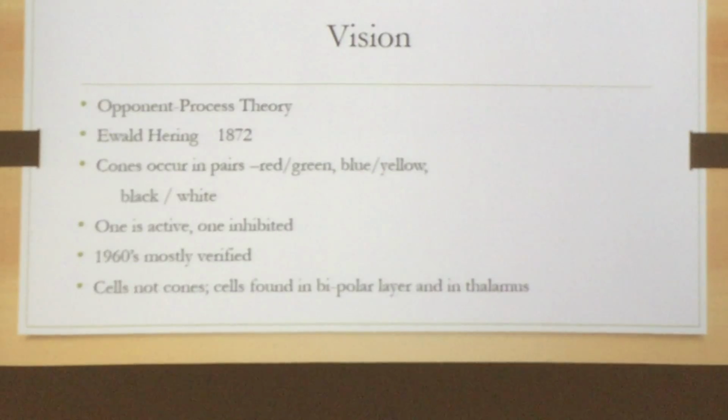Then we have what's called the opponent process theory. In 1872, over 100 years ago, he said cones occur in pairs. And as one activates, the other one is inhibited. And so it's kind of like this. He said they occur in pairs, red, green, blue, yellow, and black and white.